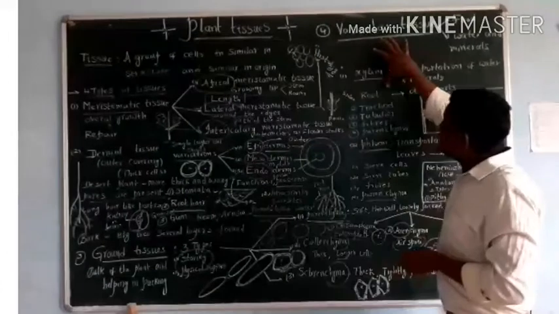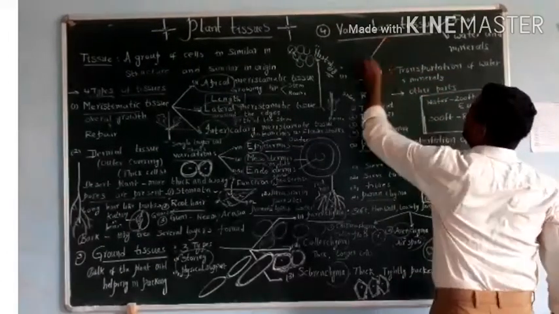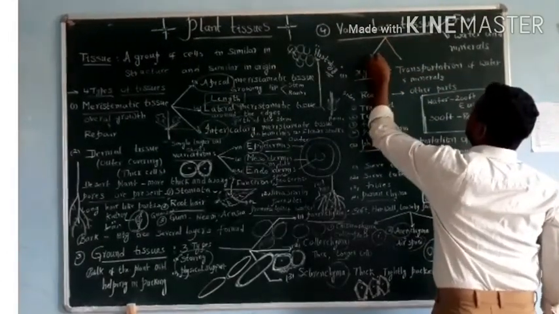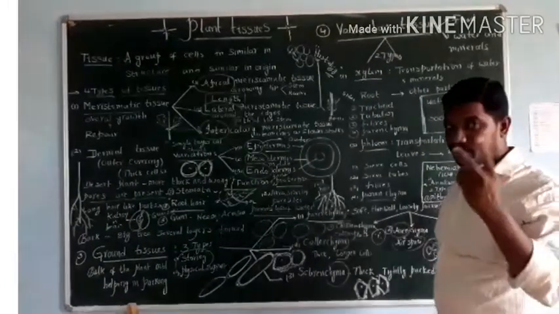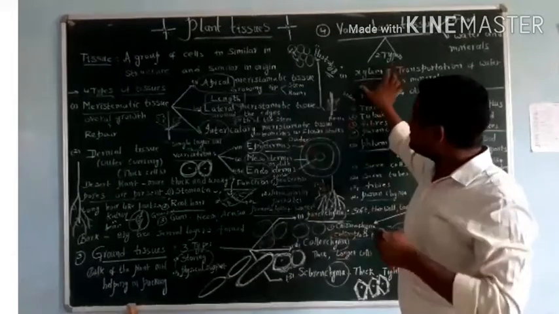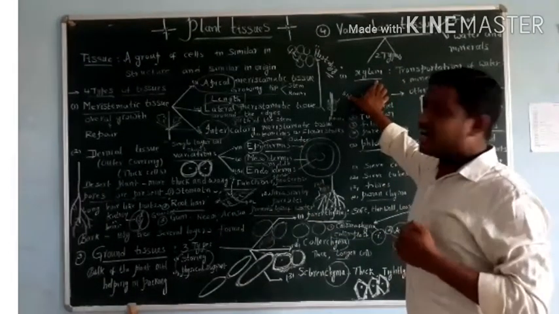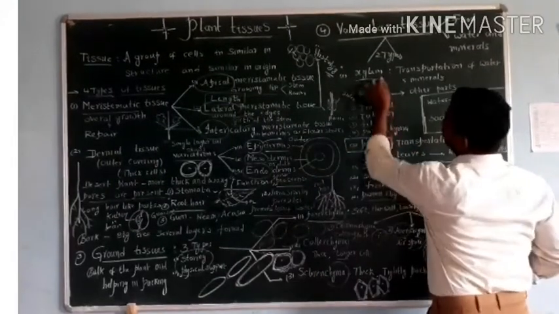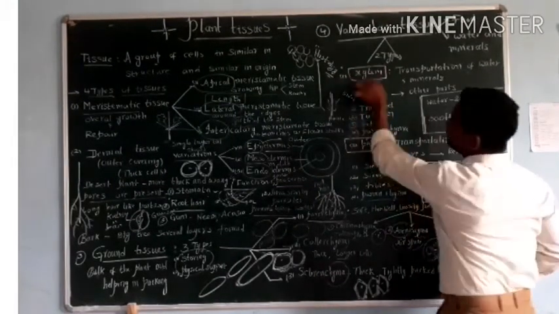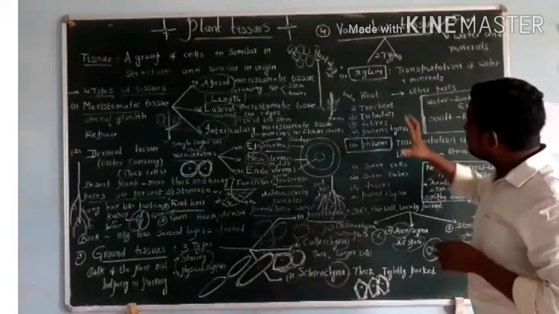Vascular tissues are again classified into two types: one is xylem tissue, another one is phloem tissue.